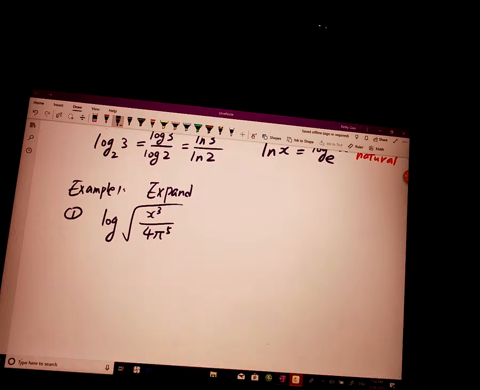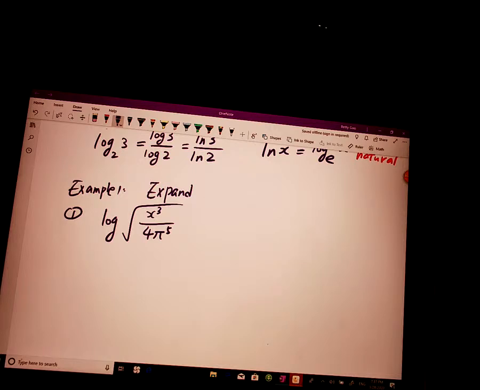Let me double check. Okay, so anyone see the base? You don't see the base, right? That means the base is 10. It's a common logarithm, but it doesn't matter. We're going to have all the logs involved have base 10 when we're expanding.